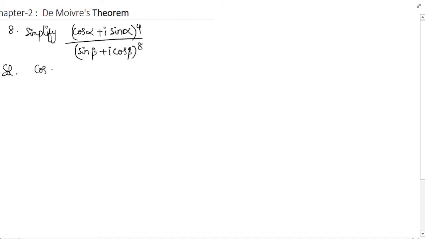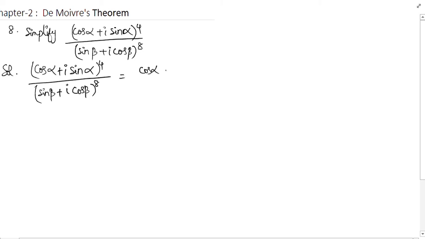Okay, so this can be written as (cos alpha plus i sin alpha) to the power 4 divided by (minus i square sin beta plus i cos beta) to the power 8.